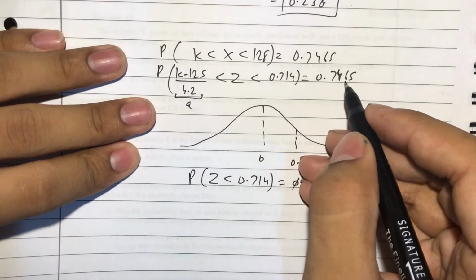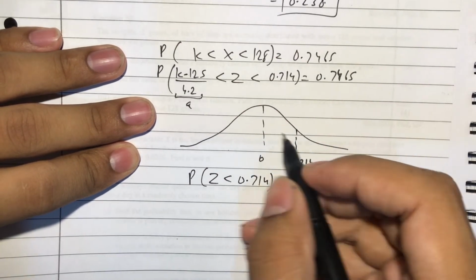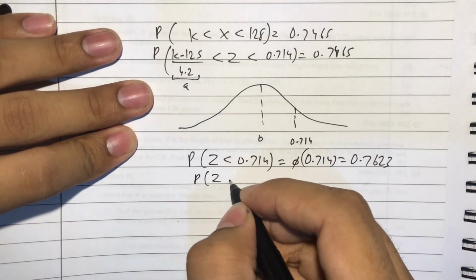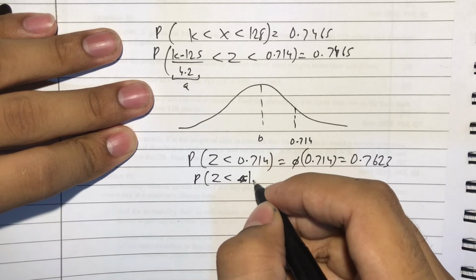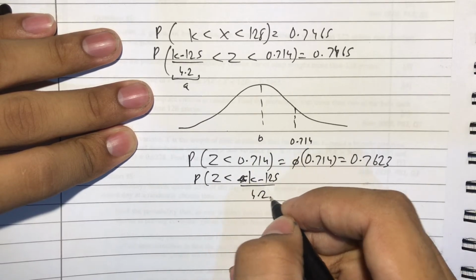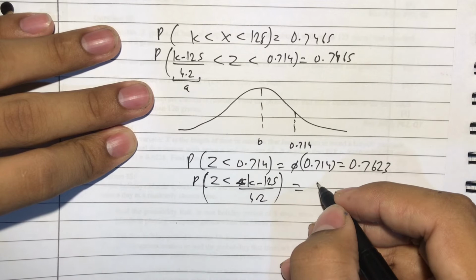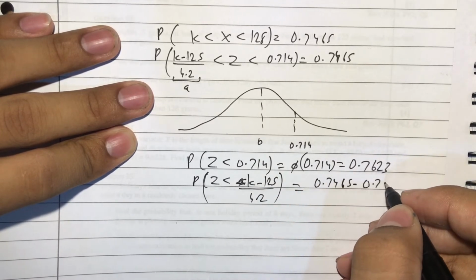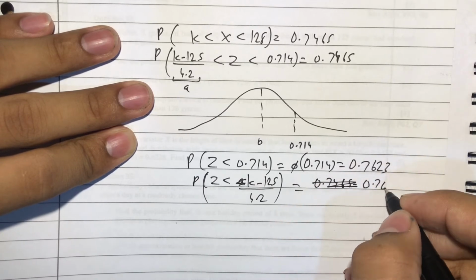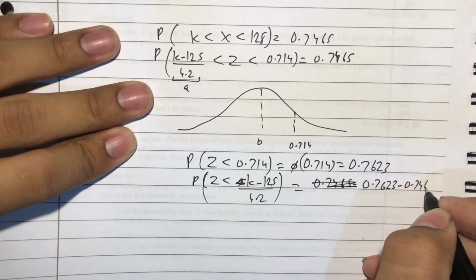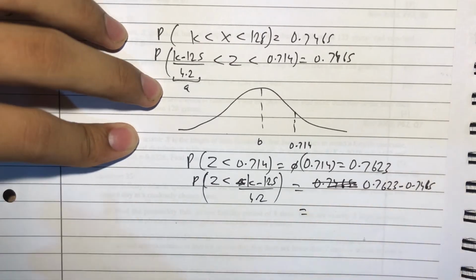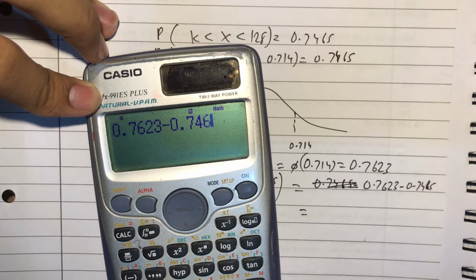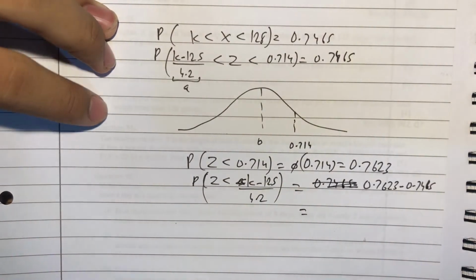And 0.7465 is the probability of the region bounded by this a. So the probability of z less than a, that is k minus 125 upon 4.2, is equal to 0.7465 minus 0.7623 minus 0.7465. So this is equal to 0.0158.